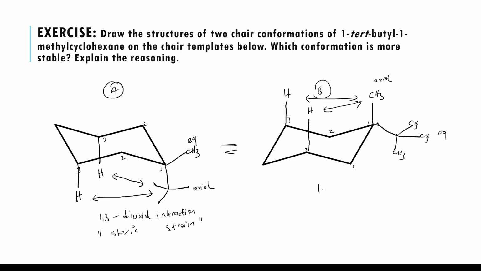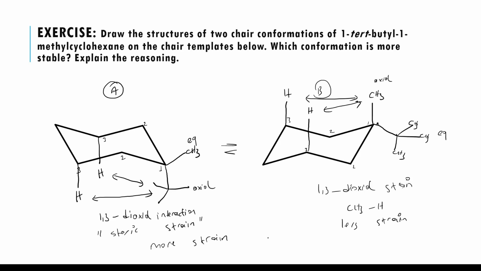So again, we have 1,3-diaxial strain here between methyl and two hydrogens, and this will have less strain because of the smaller size of methyl, less bulky and less steric strain. Here, if the tert-butyl is on the axial position, we have more strain.